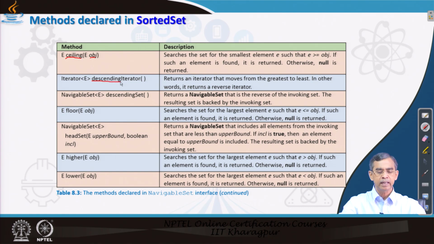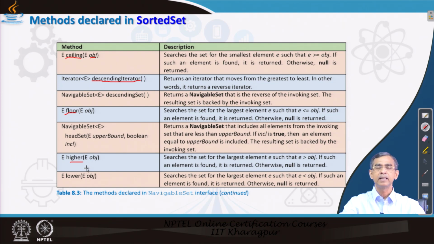And descending iterator is basically traversal of the collection in descending order. Then floor is basically like ceiling, starting from a certain element, but if ceiling is top to bottom, then floor is from bottom to top traversal. And then higher is also similar to ceiling and floor.